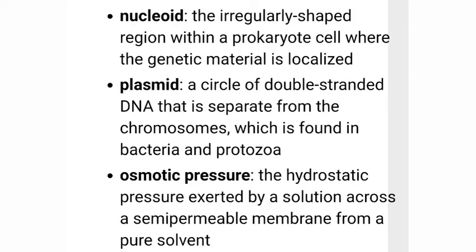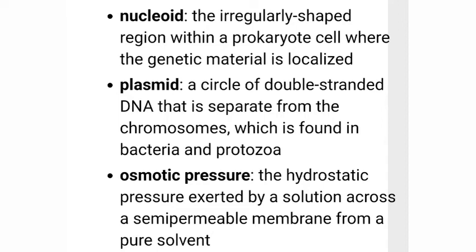Nucleoid: the irregularly shaped region within a prokaryotic cell where the genetic material is localized is called the nucleoid. Plasmid: a circle of double-stranded DNA that is separate from the chromosomes, found in bacteria and in some protozoa, is called a plasmid.